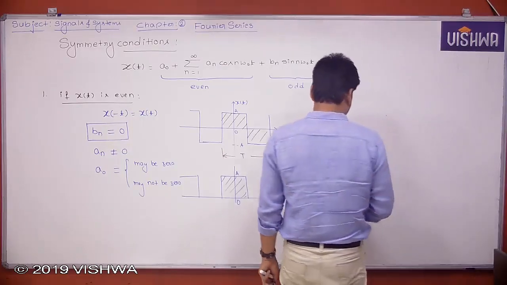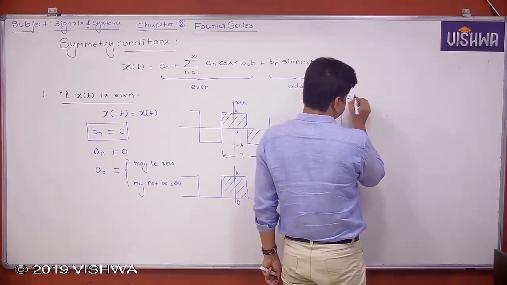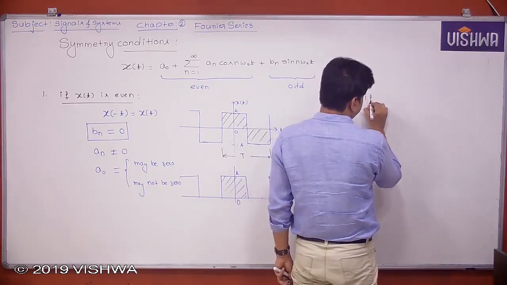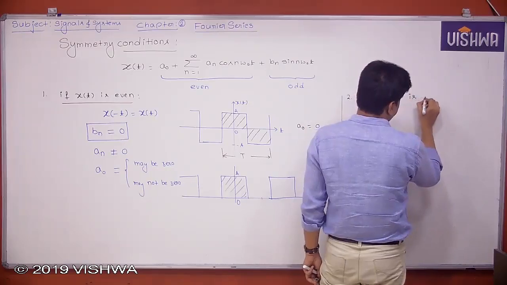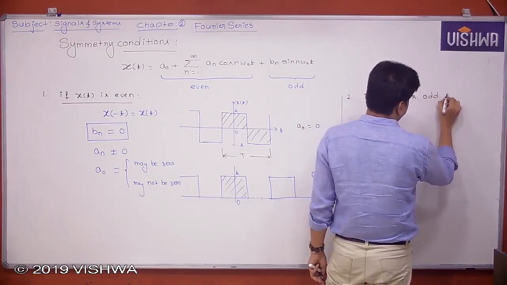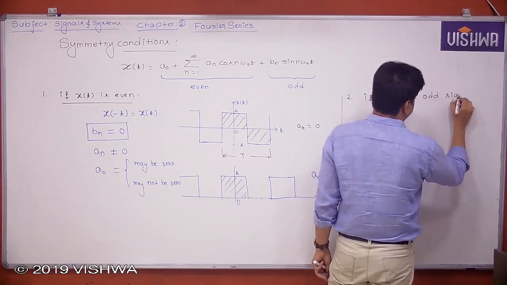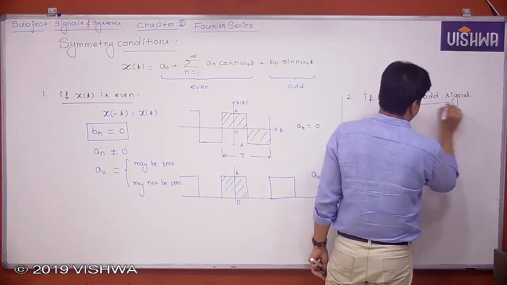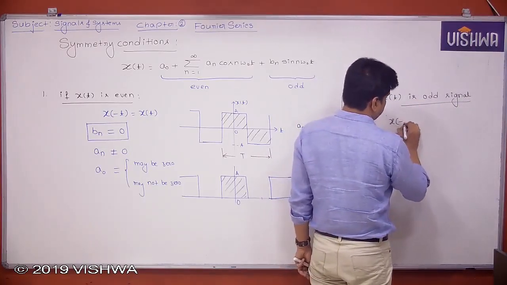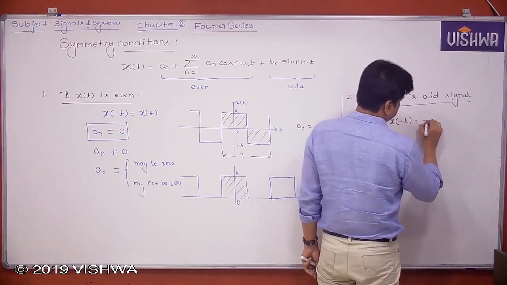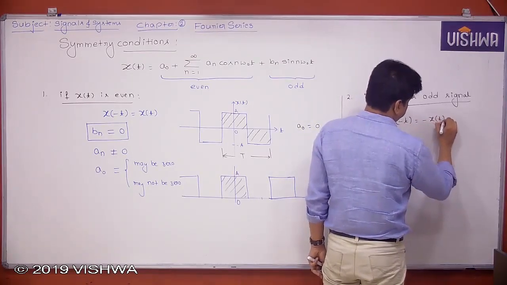Odd signal. Second symmetry condition. If x of t is an odd signal, it has to satisfy x of minus t is equal to minus x of t.